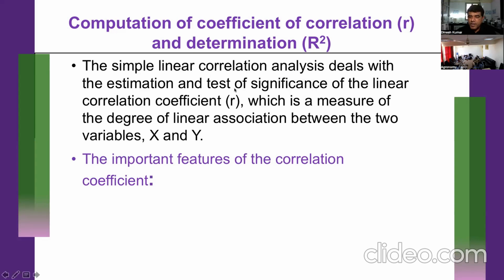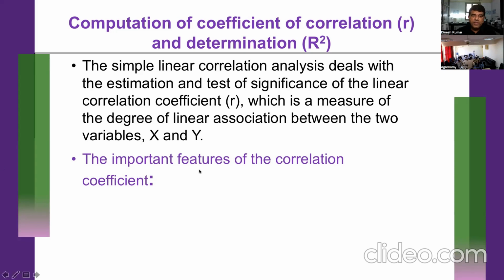So friends, the coefficient of determination is the proportion of variation that is accounted for by regression out of total variation. There may be total variation in the data, and there may be variation due to regression. The ratio of this is your coefficient of determination.